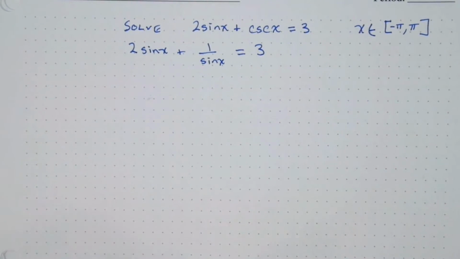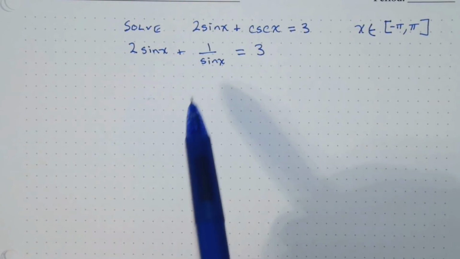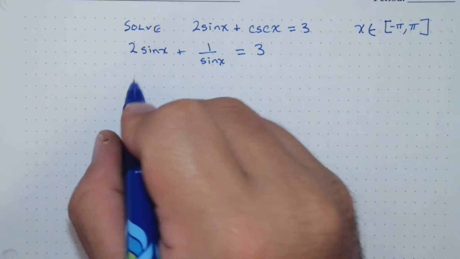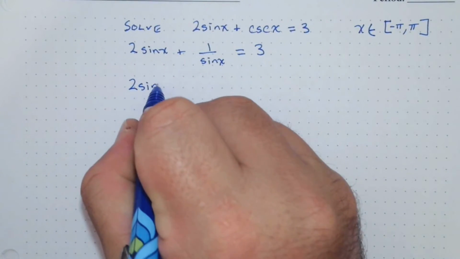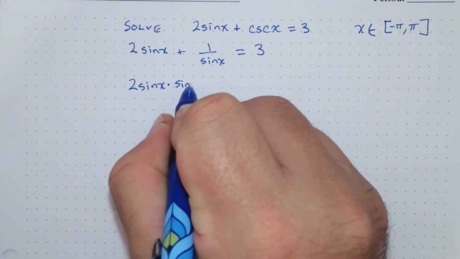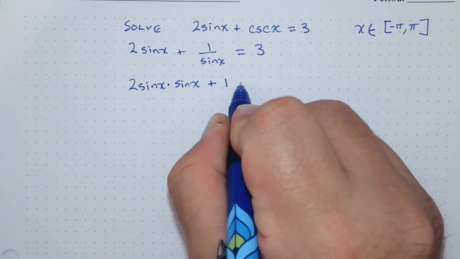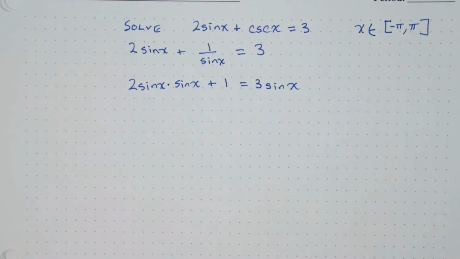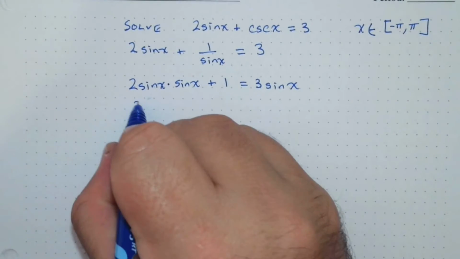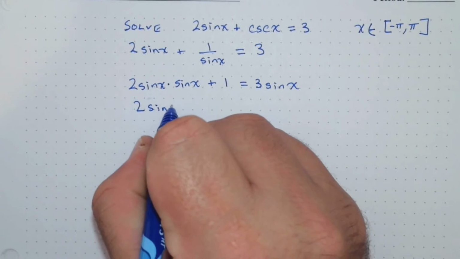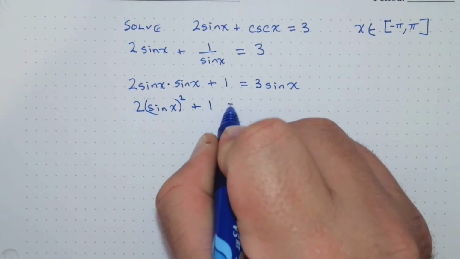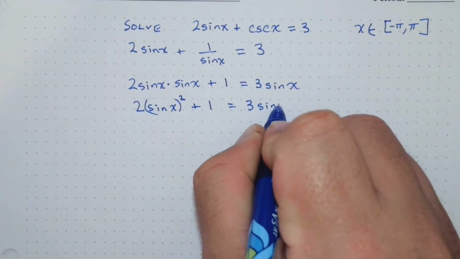Once again, if you don't like fractions, we can multiply through by the denominator. So that's going to give us 2 sine of x times sine of x plus 1 equals 3 sine of x. I just multiplied by the denominator, which would mean I have 2 sine of x squared plus 1 is equal to 3 sine of x.